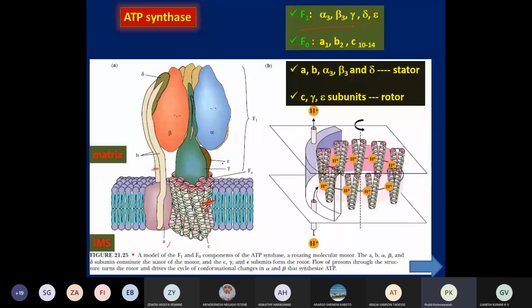All these A, B, alpha 3 and beta 3 subunits form the stator, whereas the C, gamma and epsilon subunits form a rotor.